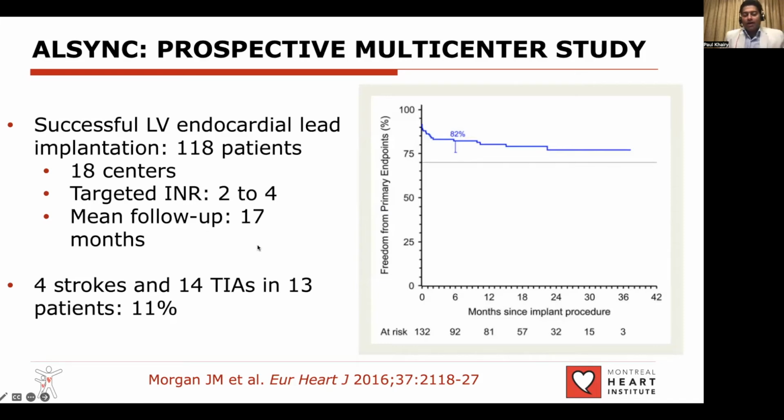And here, over a mean follow-up of 17 months, 11% had strokes or TIAs. So 11% is really quite substantial if you consider that follow-up is less than a year and a half. And so the results of this prospective study pretty much threw a cold shower on the concept of endocardial pacing for cardiac resynchronization therapy.